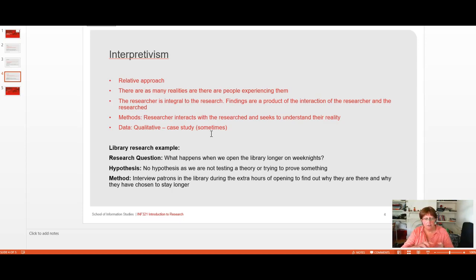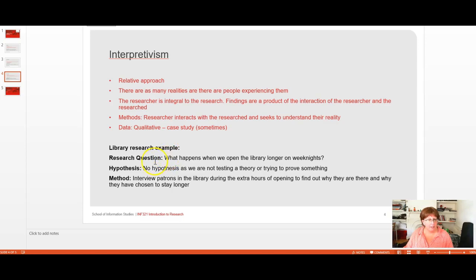Of those, 5 of them said they stayed for the extra hour because they were comfy and they were happy to stay. 2 of them said they stayed because they had planned to do so because they'd read that the opening hours were going to be extended and they were meeting someone after being at the library for dinner. So it was helpful for them to have somewhere to wait. So you're mixing up the whole numbers with the reasons why people do stuff the way they do.